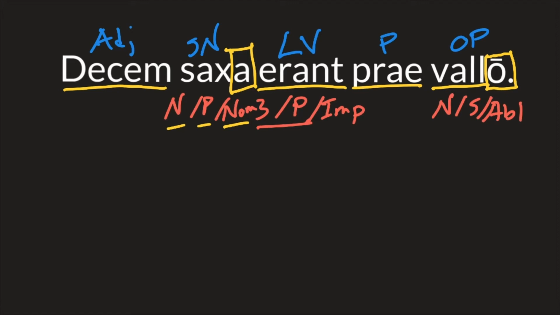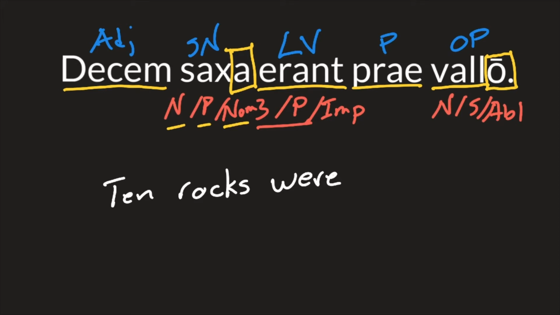Now we should be able to translate. The subject is rocks. Soxum, soxy means rock, but this is plural. So now we have 10 rocks, and erant is going to be translated were. The imperfect forms of sum are translated was or were.